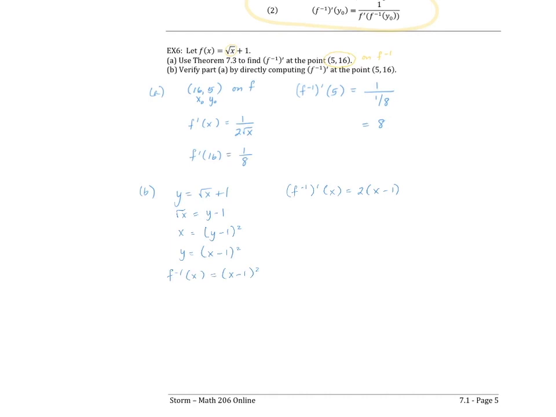Oh, that's it. Okay, so when I evaluate this derivative when x is equal to 5, it's going to be 2 times 5 minus 1, which is equal to 8, which is exactly what we knew would happen.